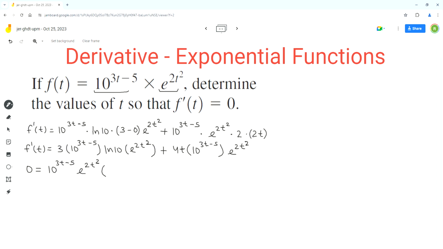So we are left with 3 ln 10 in the first term plus 4t.